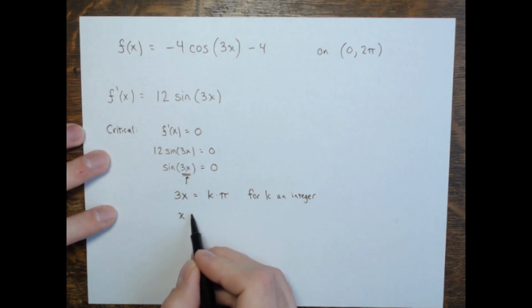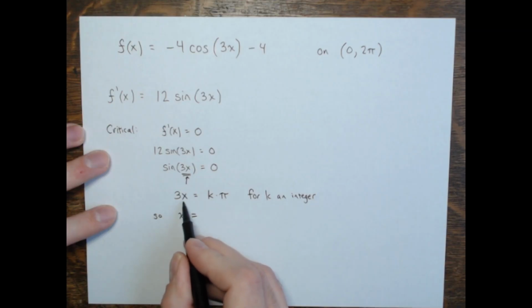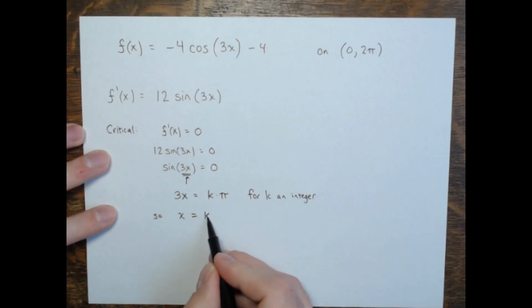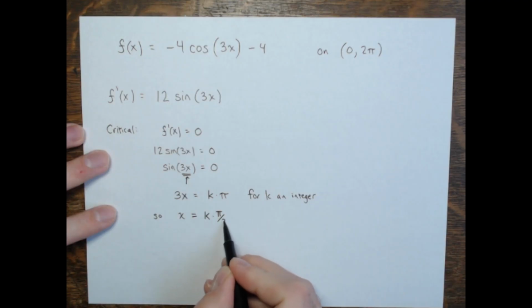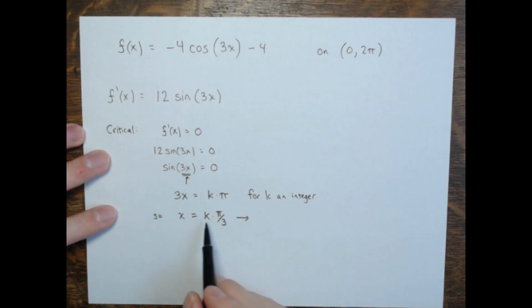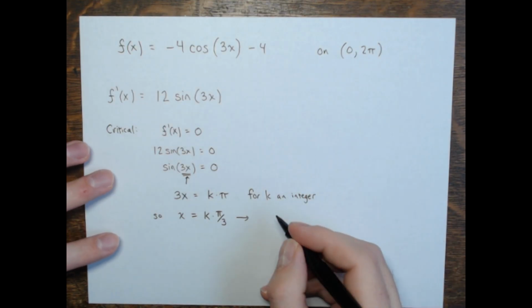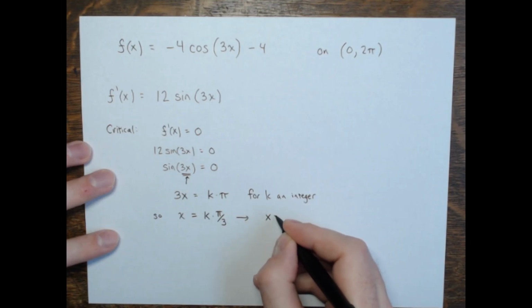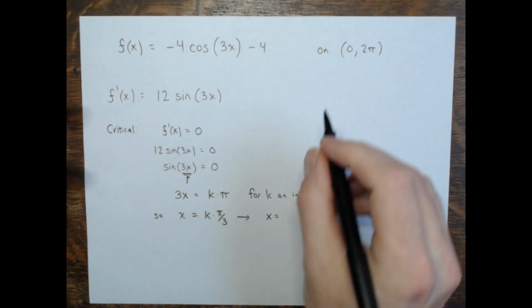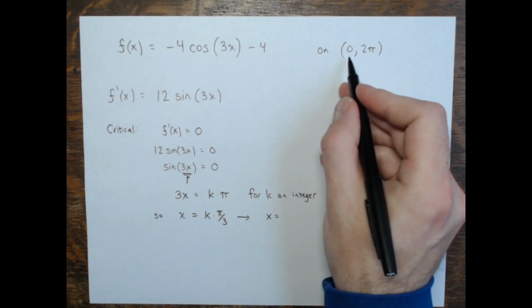So that means the value of x, just x itself, would be some multiple of pi over 3. And then we're just going to take the multiples of pi over 3 that are between 0 and 2 pi here. So again, when k is 0, you get 0. I'm not using that.